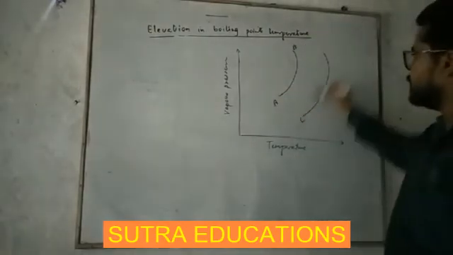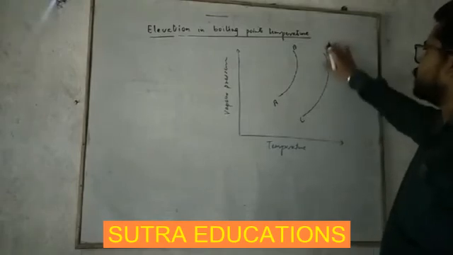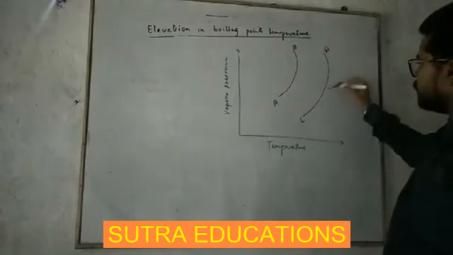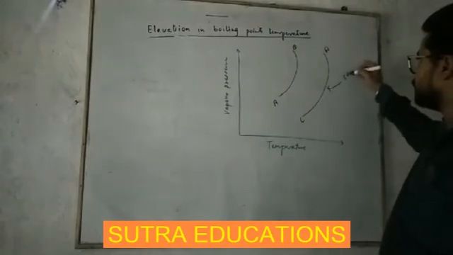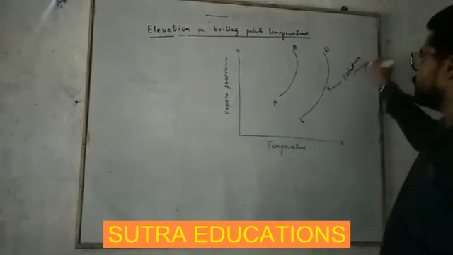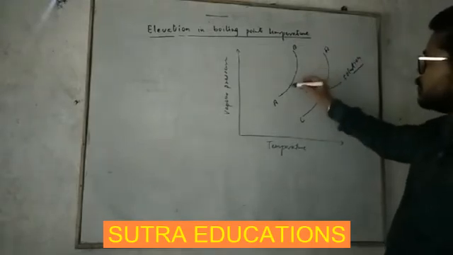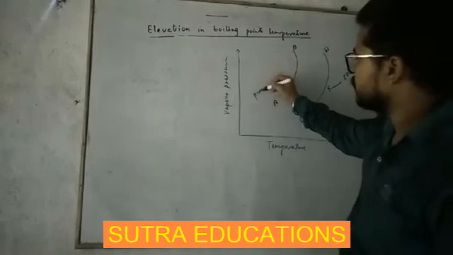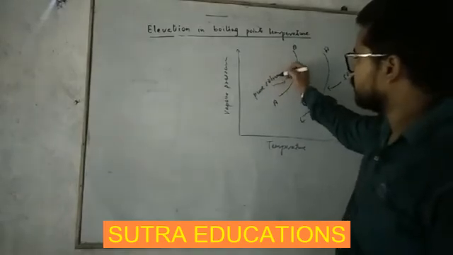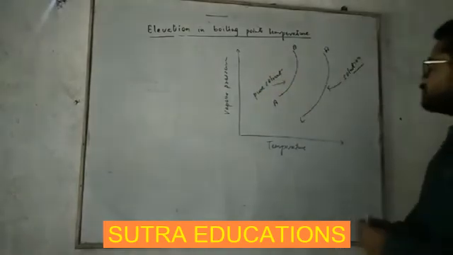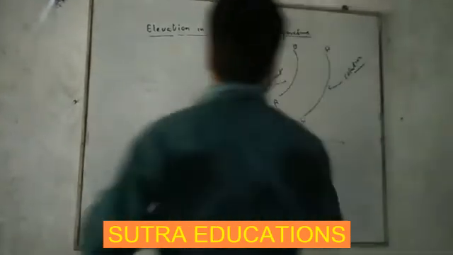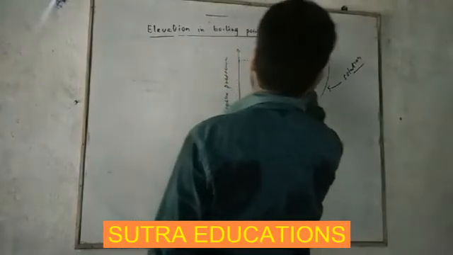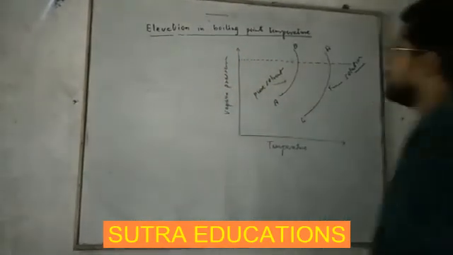Say this is CD. This is graph of solution, and this is representing pure solvent. Say this is atmospheric pressure.